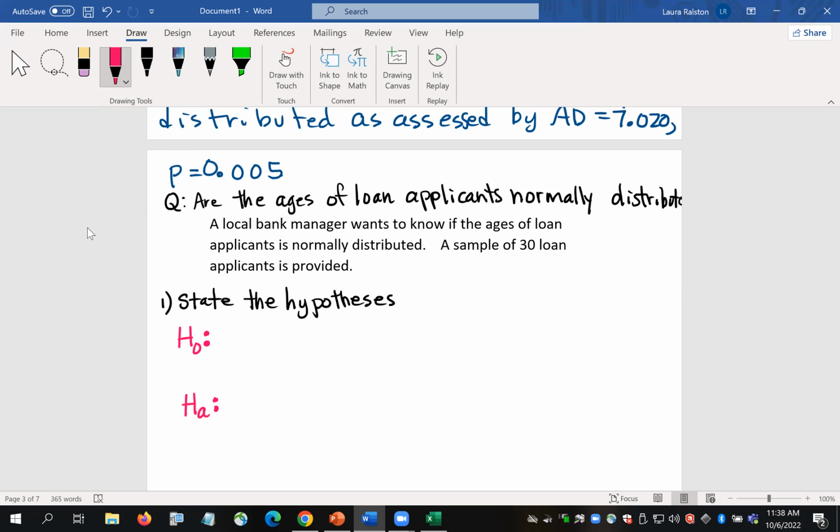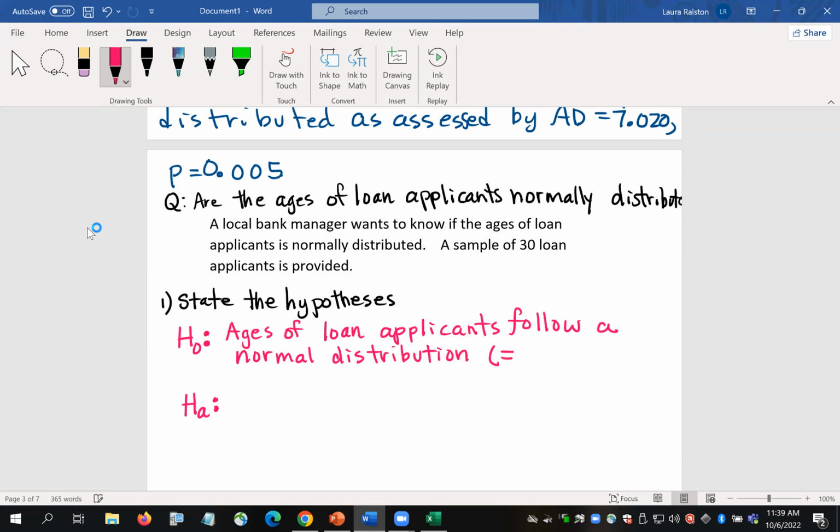But this one, we write out a sentence. So our null hypothesis would be that the ages of loan applicants follow a normal distribution. Again, that statement with that phrasing implies that it is equal to a normal distribution.